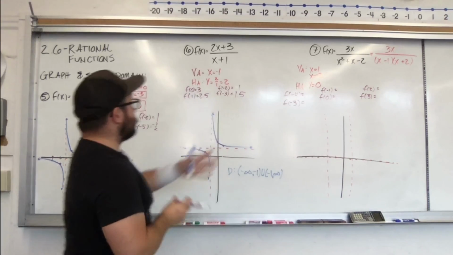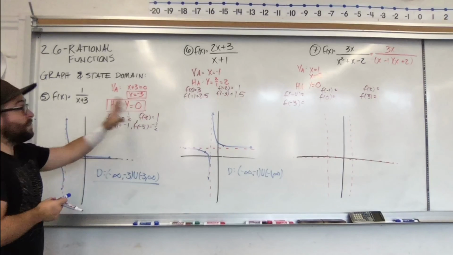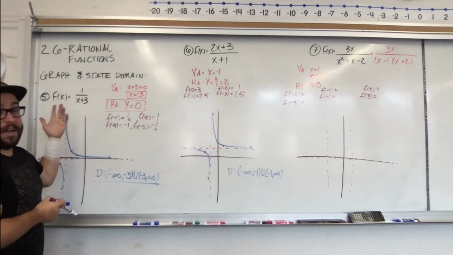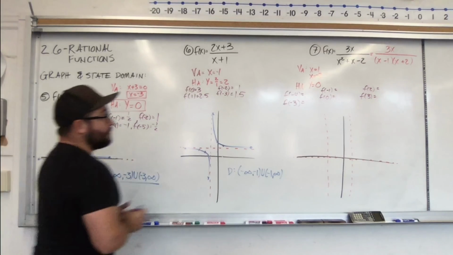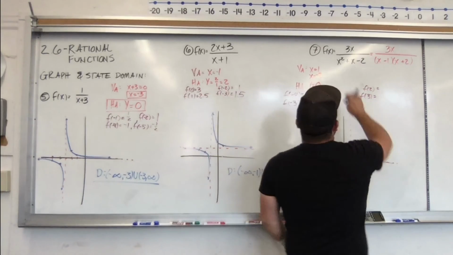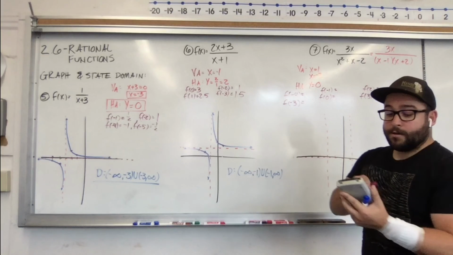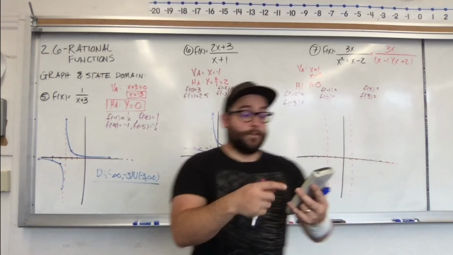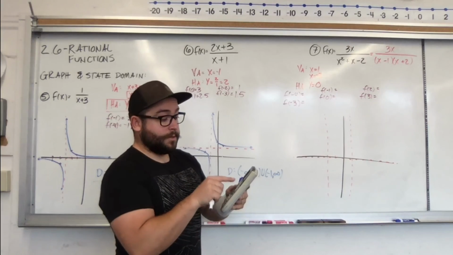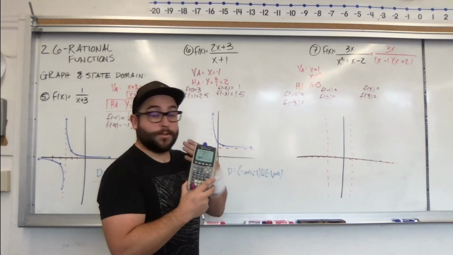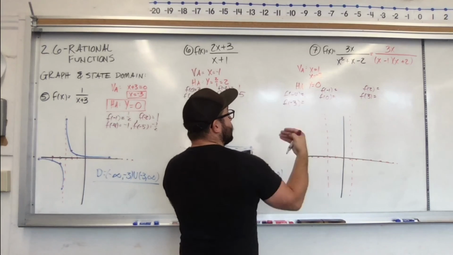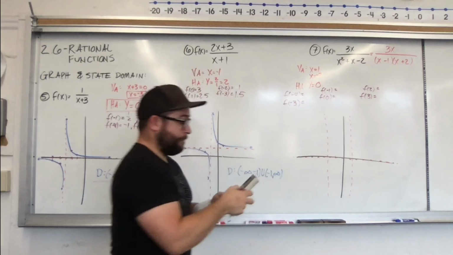Now, with some of these rationals, like our first 2, it's not so bad to plug values in and be able to just test them out by hand. But if you start to get stuff that's going to be squared or cubed, etc., feel free to grab a graph from calc, go to your y equals, type in your function, hit second graph to get to our table, then we can quickly pull these points from it.